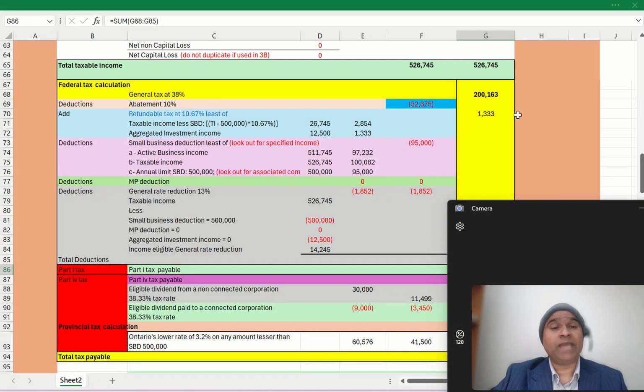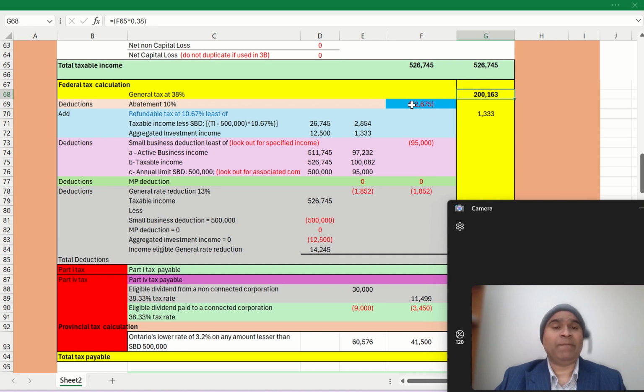The way we calculated our general tax rate, simply multiplying this taxable income and this general tax rate, so if we multiply $526,745 with 38%, that would give us $200,163.